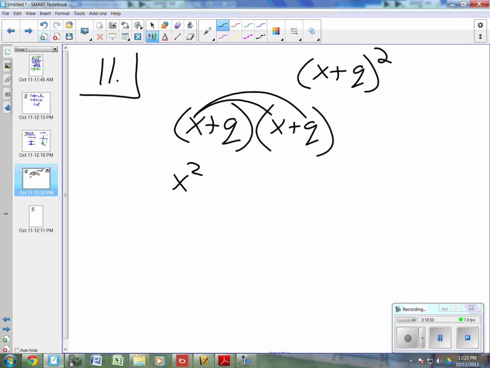X times q is qx. Q times x is another qx, and q times q is q squared. Now, when it says write a rule for finding the coefficient of the x term, what is the x term? What do you mean by the x term, guys?